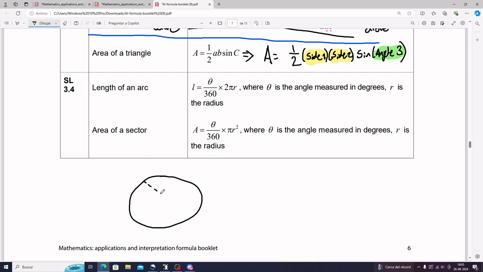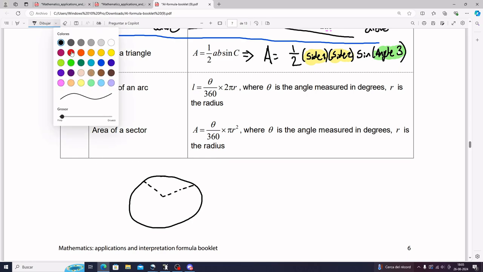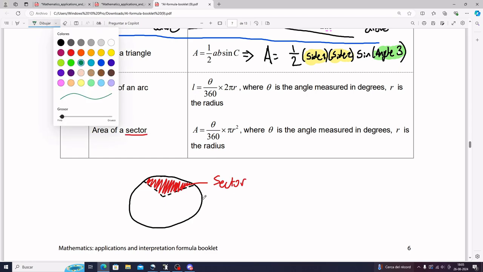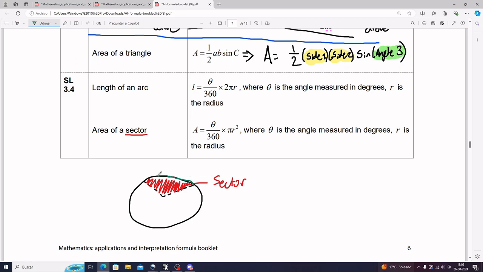If you cut it up like this, the language that we're using is that this in red is your sector, for area of sector, while this in green will be your arc.